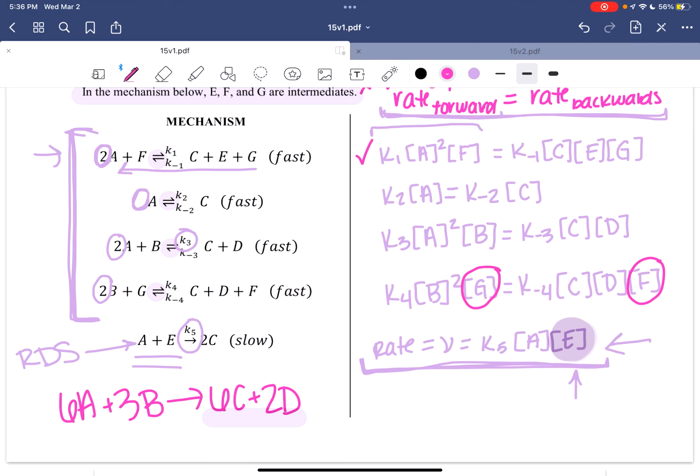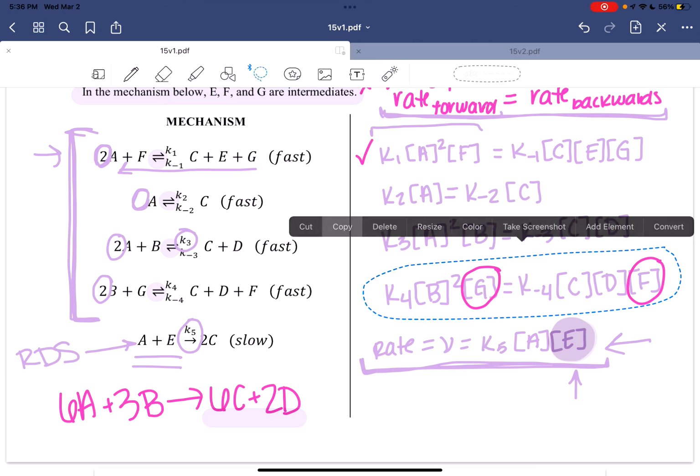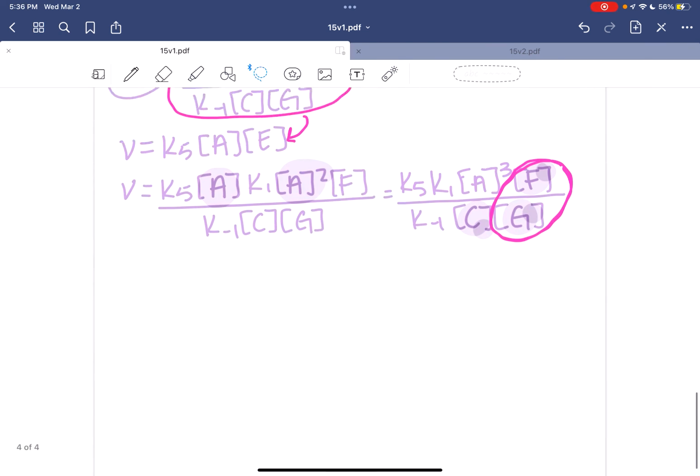So this step 4 equation is now what we want to use to isolate even more intermediates and get those out of our updated rate law. So I'm just going to take our 4th step and copy it down here.